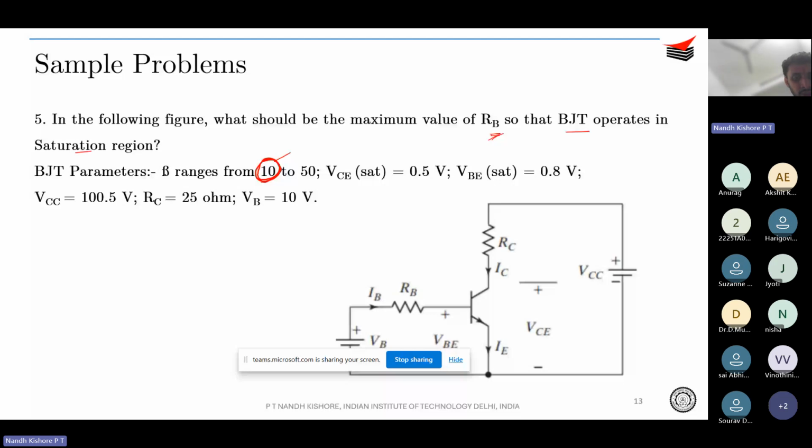VB is 10, so 10 minus 0.8, divided by RB, is what you need to find out. So that's going to be your IB.